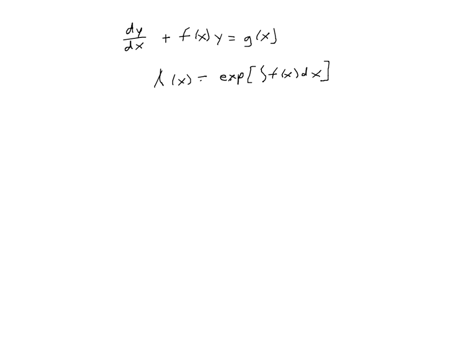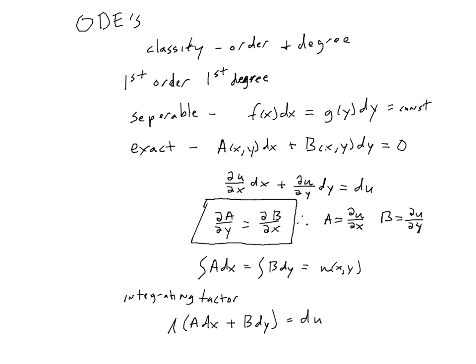So what's happening here is you can essentially use this in order to solve for your integrating factor, and then once you have your integrating factor, you plug it into here and you have your exact function and you're done.